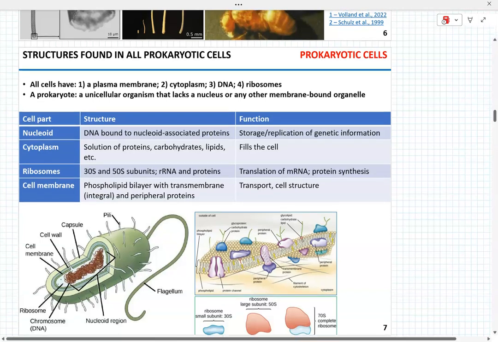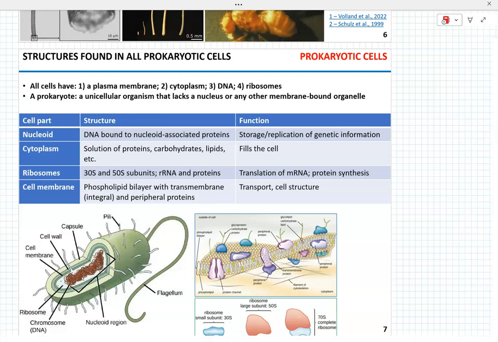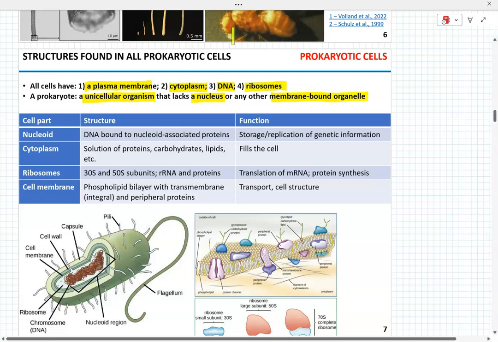Now let's take a look at the structures that are found in cells, and specifically in prokaryotic cells. All cells, without exception, have a plasma membrane, cytoplasm, DNA, and ribosomes. In prokaryotic cells, which are unicellular organisms that don't have a nucleus or membrane-bound organelles, DNA exists in the form of a nucleoid.